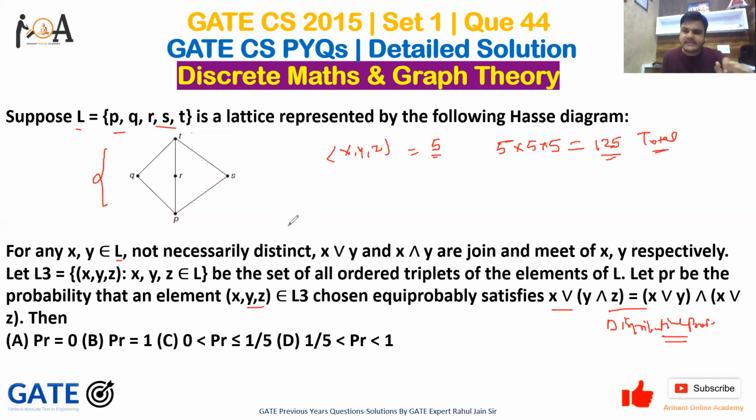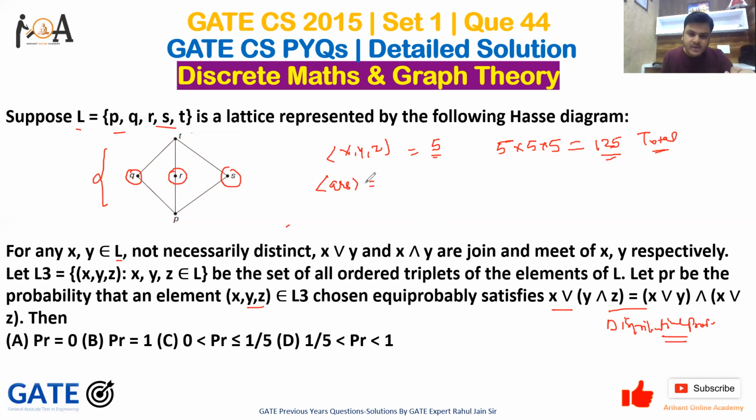But here is a constraint: the triplet must satisfy this distributive property. If you observe Q, R, and S, they all have 2 complements. They will not follow the distributive property, because at least one part of the triplet should have a unique complement.